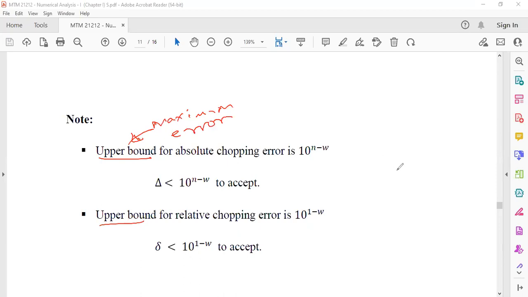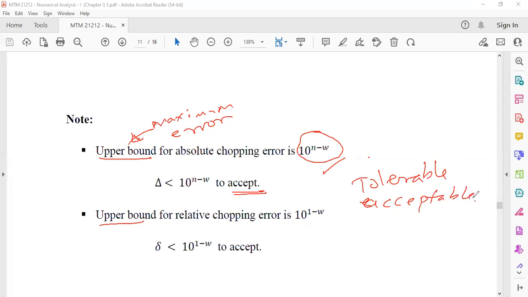For example, with the chopping error you will have something, but this much can be tolerable. I told you already, this much can be acceptable, tolerable or acceptable. This is a maximum point. More than this we can't accept, that's why they use this.